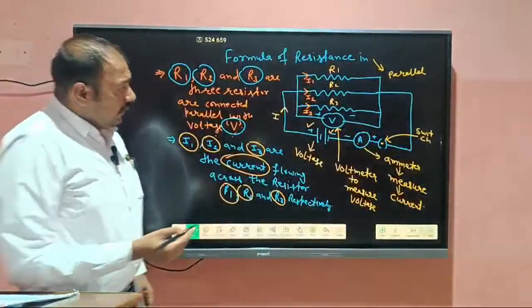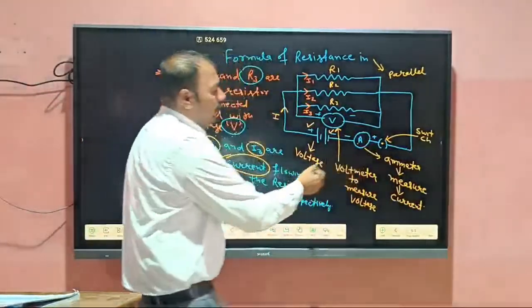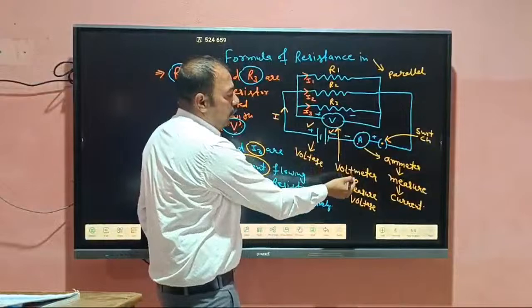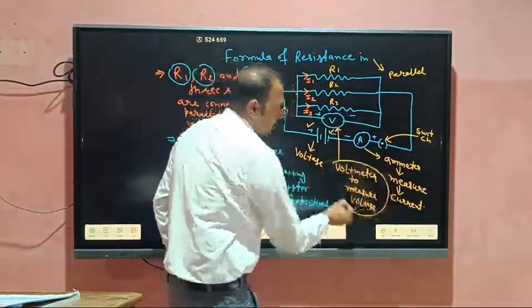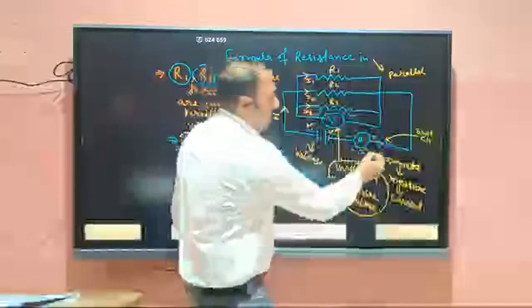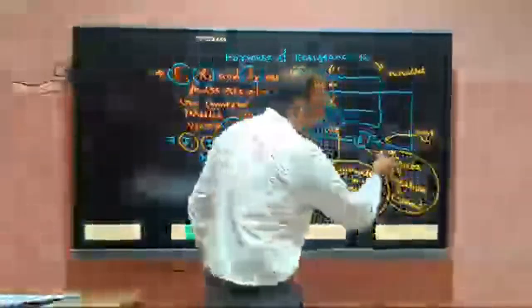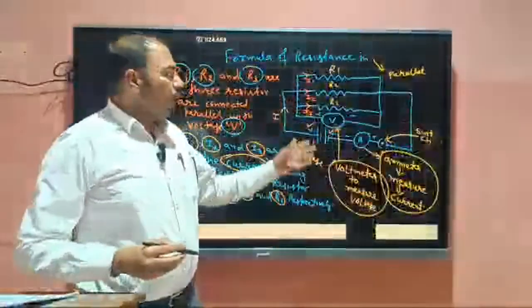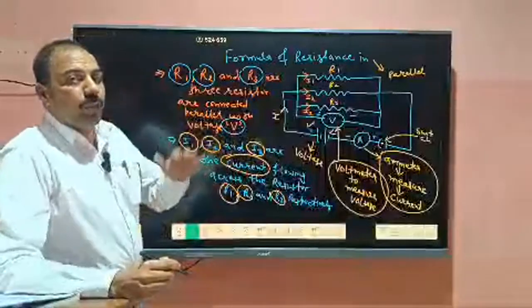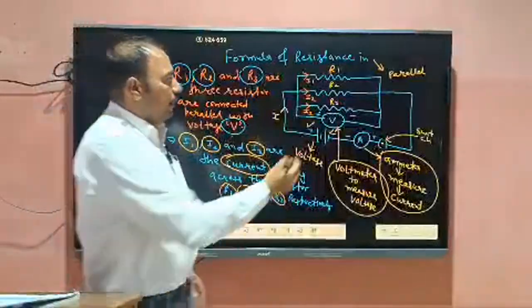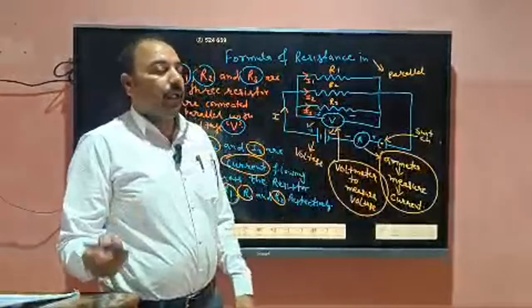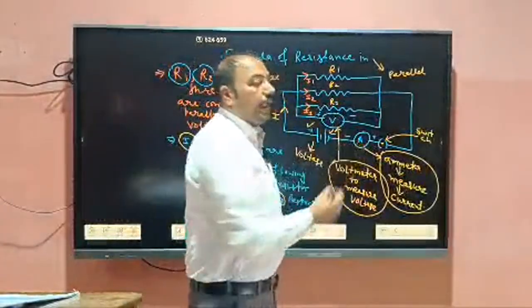And here we already wrote what V is: the voltmeter measures the voltage and the ammeter measures the electrical current. One more important thing: a voltmeter is always connected in parallel and an ammeter is connected in series.